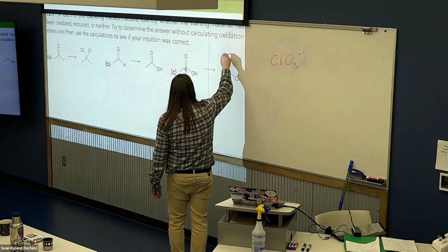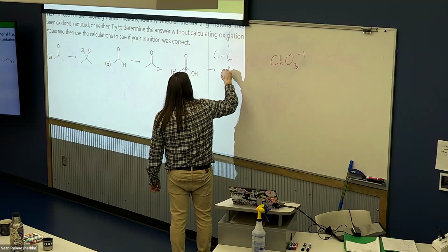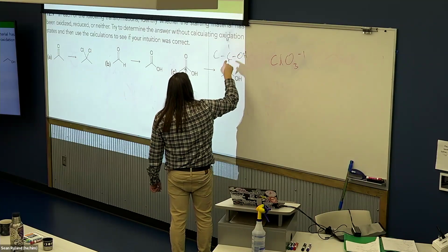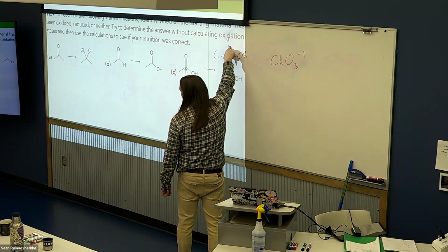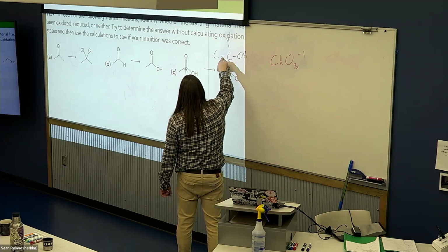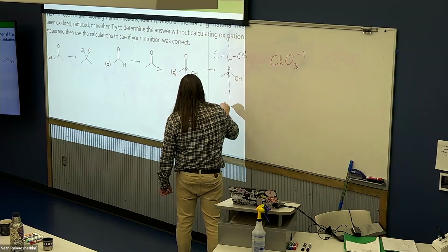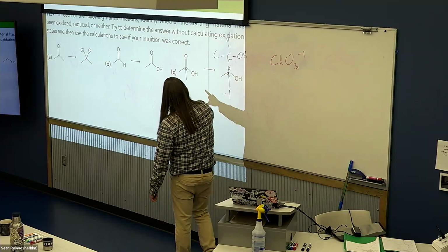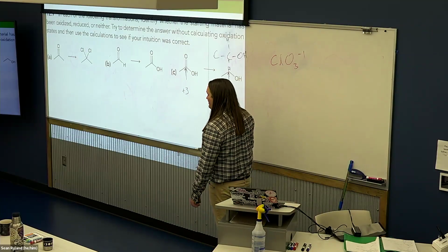That carbon, you might have to draw out all of the bonds. It gets none of those, but it gets 2, 4, and it gets one of those, so it's got 5 electrons. So if we went from a +3 to a -1, we reduced that carbon.